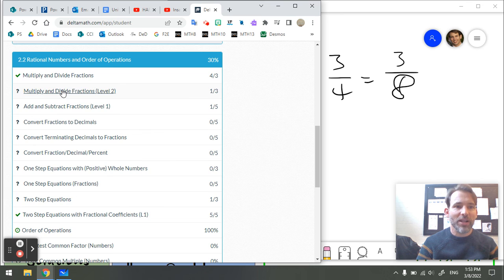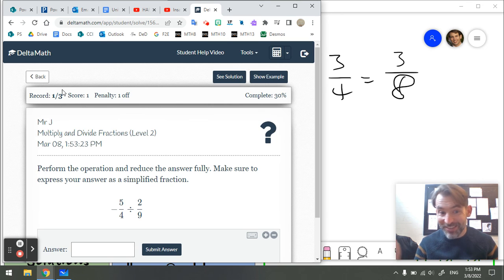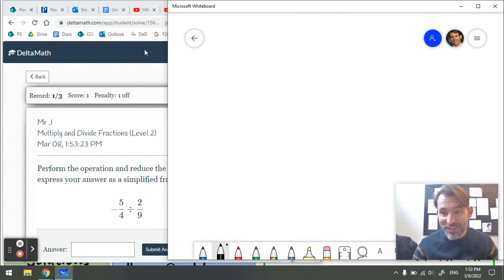Now, multiplying and dividing fractions level 2 introduces the negative sign. We want to make sure that we can manage this negative sign when we're multiplying fractions. So here I'm dividing a negative by a positive. There's one negative sign in there. That means my answer will be negative. Just writing this out, negative 5 over 4. I write it that way.